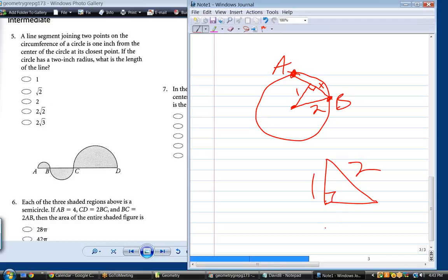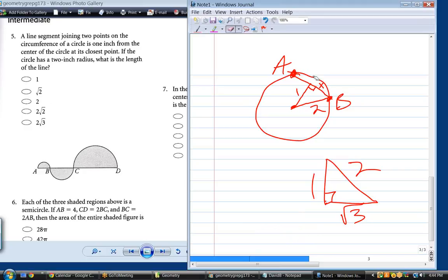Remember, when you're solving a right triangle, the answer always begins with the square root of the hypotenuse squared minus the other side squared. 2 squared is 4, 1 squared is 1, 4 minus 1 is 3, so it's the square root of 3.